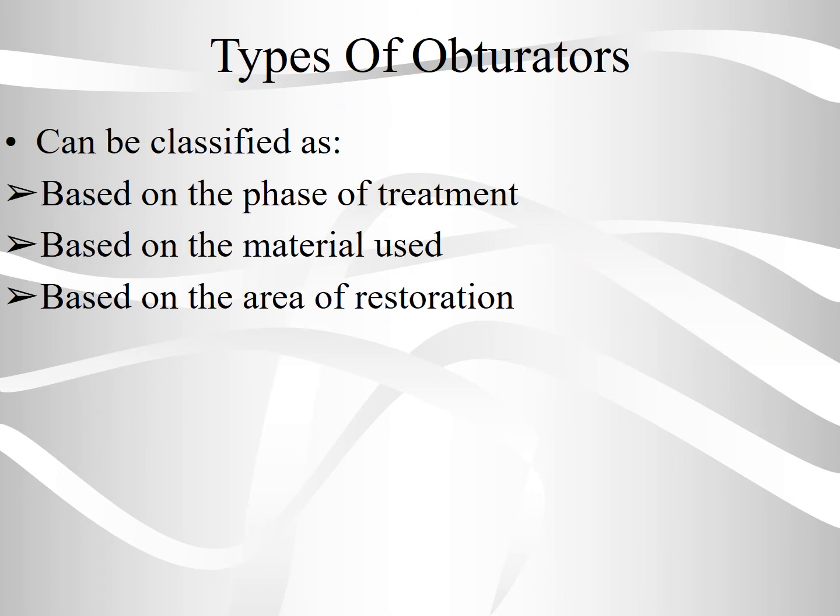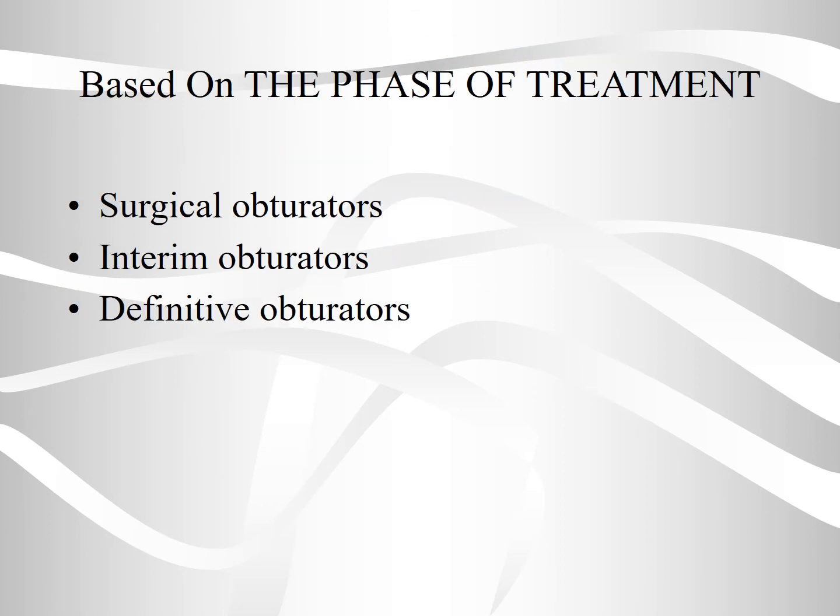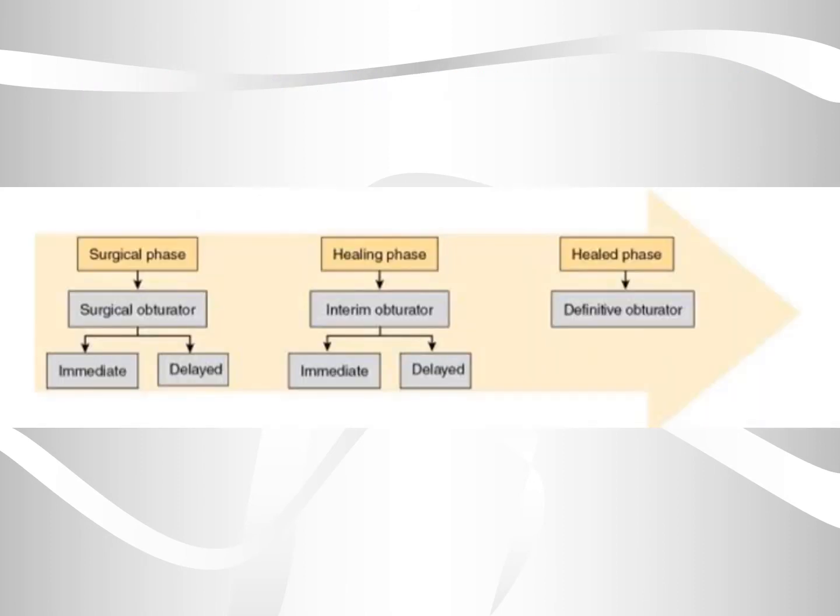Types of obturator can be classified based on phase of treatment, based on material used, and based on the area of restoration. Based on the phase of treatment, it can be a surgical obturator, interim obturator, or definitive obturator. So it can be divided into three phases.